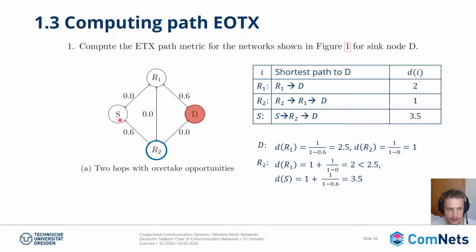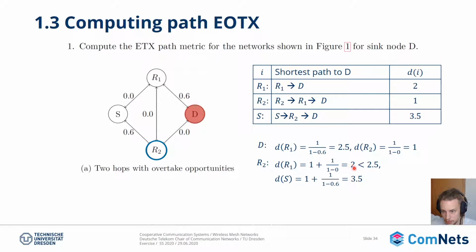We can update the nodes that are connected to it and are not marked red right now. So we calculate the distance of R1 towards D using R2 as a relay. The outcome is 2 because we add the link metric to the distance of R2, which is 1.